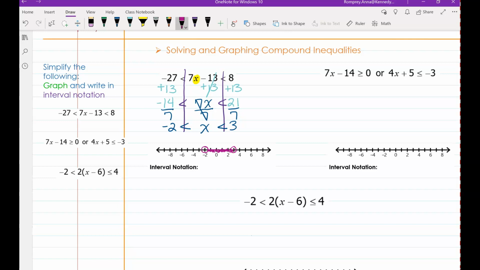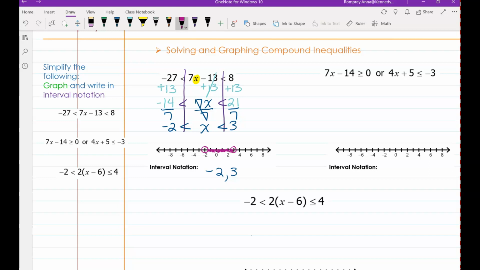Now, interval notation. Notice this is a little bit different than when we just had a single inequality. Nothing's going to infinity here. So when I set up my interval notation, starting from smallest to largest, when I come from the left, I start at negative 2 and I stop at 3. And think about open or closed.